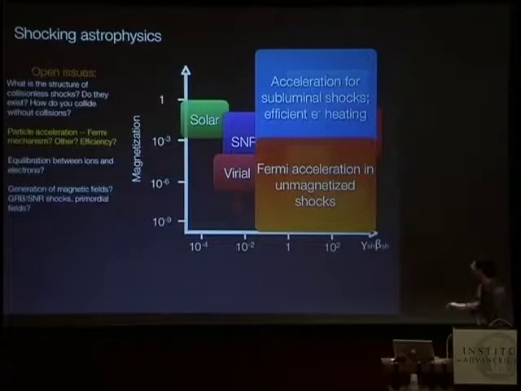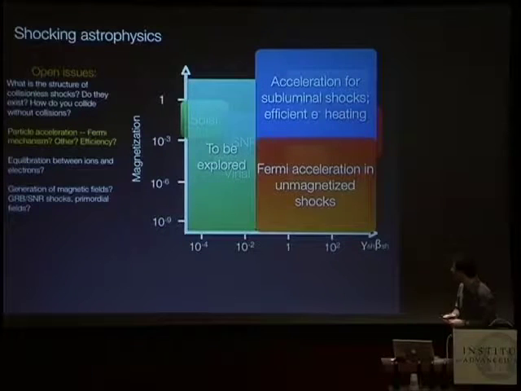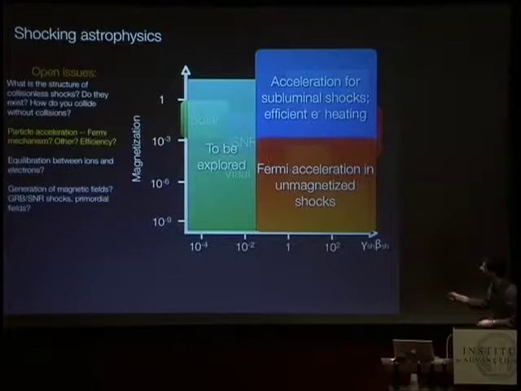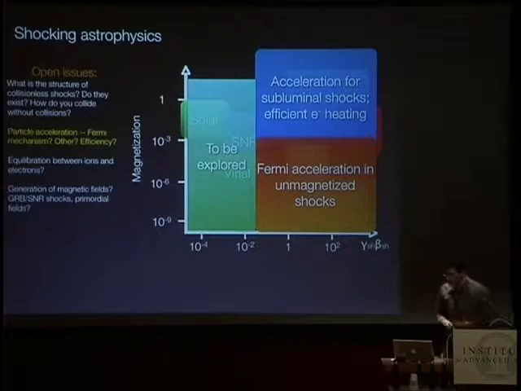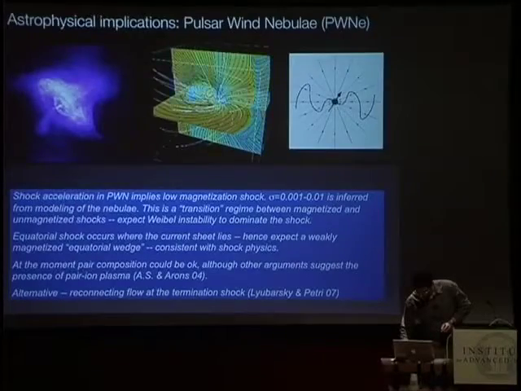In the case of the magnetic shocks, the acceleration does work, but only for a particular set of angles of the magnetic field. So magnetic field has to be almost parallel to the direction of the flow in order to work. And recently we've been interested in exploring this for the non-relativistic shocks. And I can show you a few slides on that.